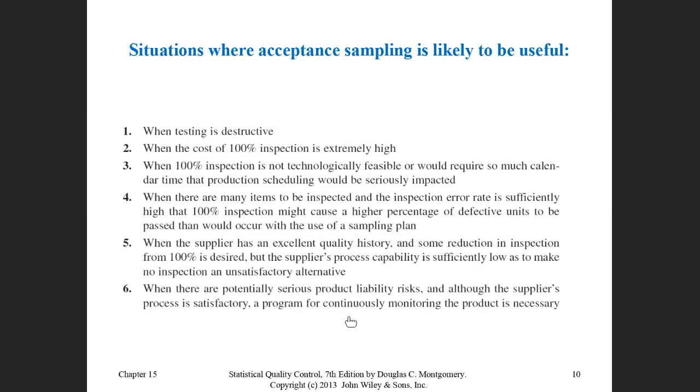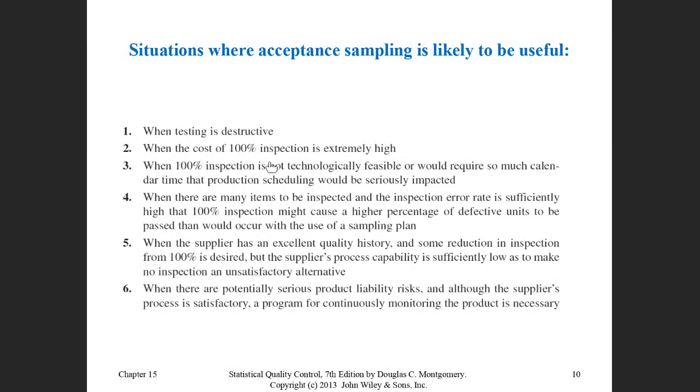The situations where you accept sampling and it is useful extend from the advantages of sampling. When testing is destructive, you have to do destructive testing, so you don't take the whole lot, you do some sampling because it will be more economical.